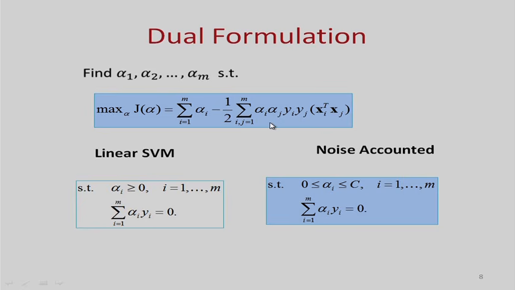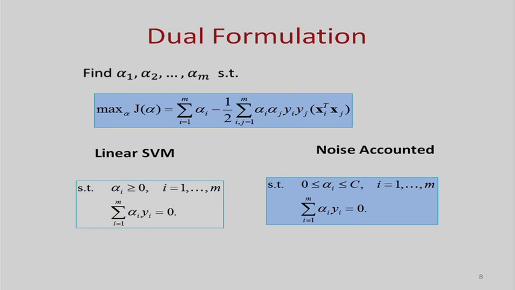So, in the dual formulation of this noise accounted SVM, this constraint is changing. Alpha_i is now lying between 0 and C. The rest of the formulation is the same. Now, given this dual formulation, we can find the solution to the classifier.